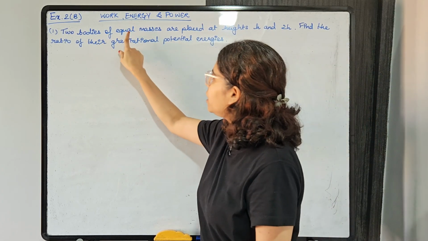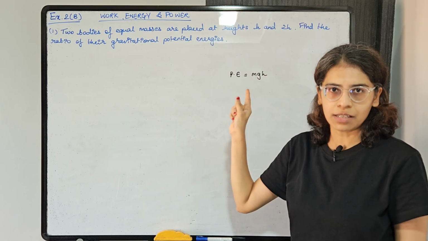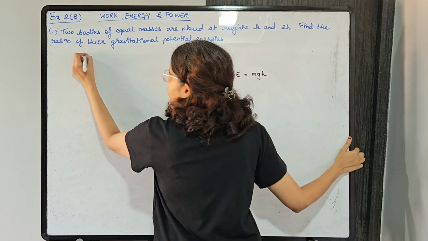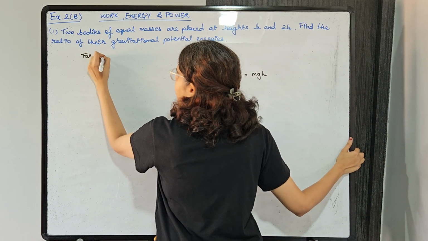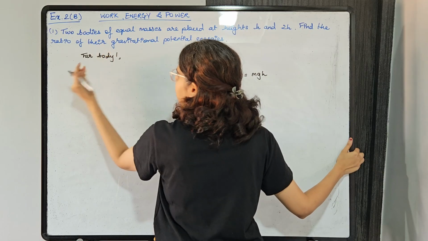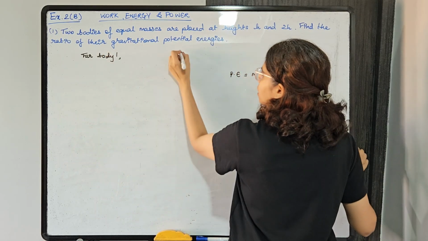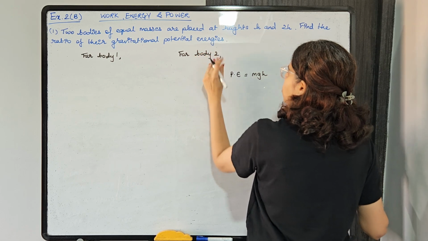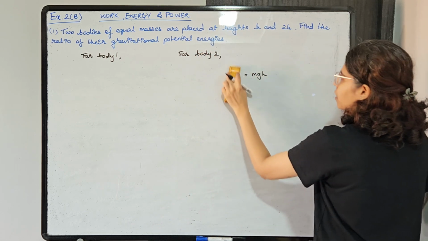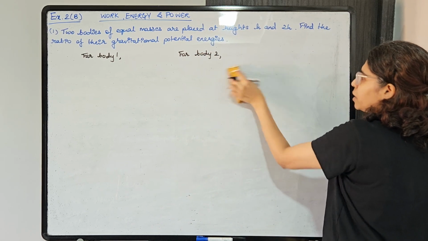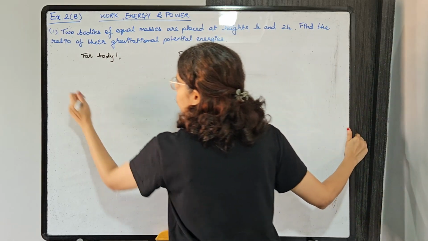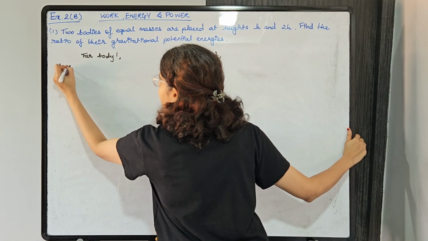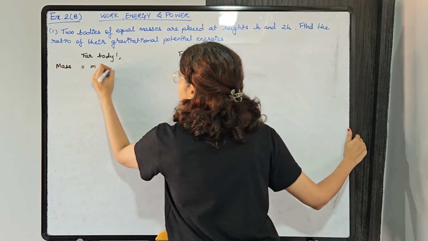So there are two bodies having equal masses. For body 1, we'll write down whatever information is given, and for body 2 over here. Both the bodies have the same mass, so mass is m kg.